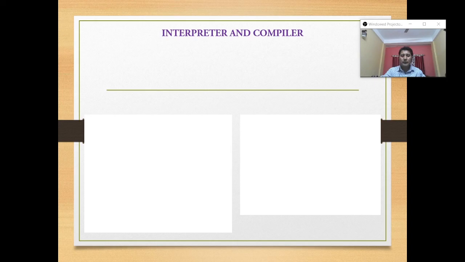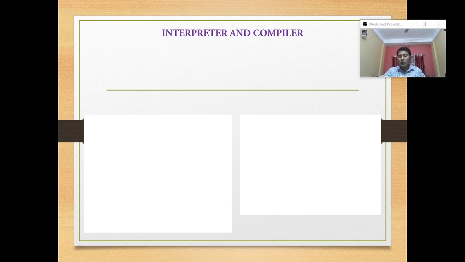Now let us understand how an interpreter and a compiler work. Both of these are translators that translate the high level language into machine code. Let me give you one example. Suppose there are two persons, one who understands only English and another who understands only Hindi.